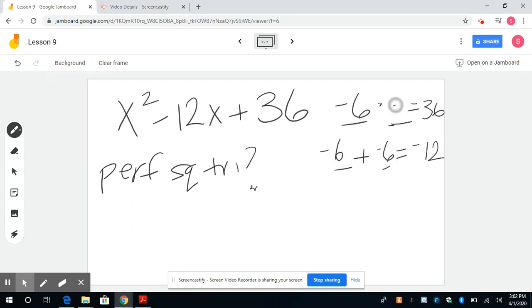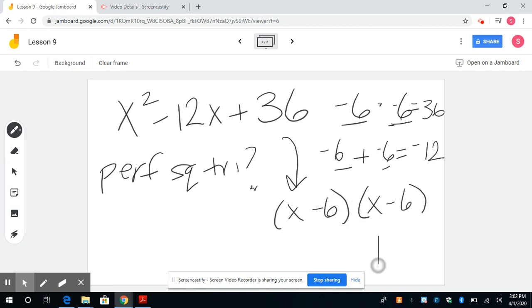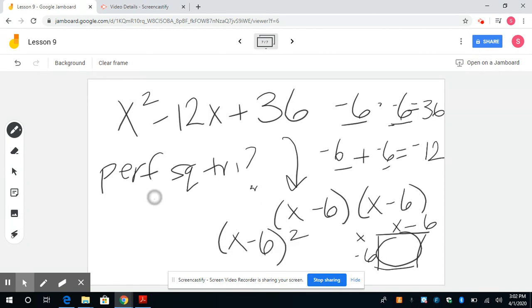Is negative 6 times negative 6 positive 36? Yes. So if we were to factor this, we would get x minus 6 and x minus 6. Since they are the same, we get this whole perfect square. So yes, this is a perfect square trinomial. Negative 6 squared is 36. Half of negative 12 is negative 6.